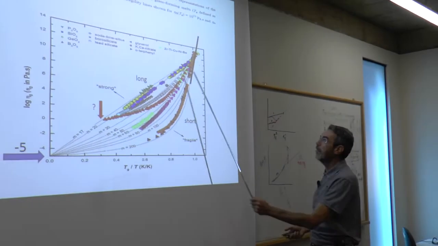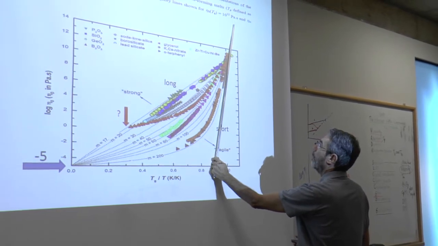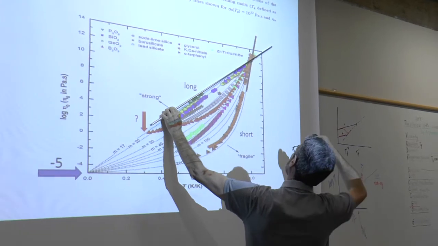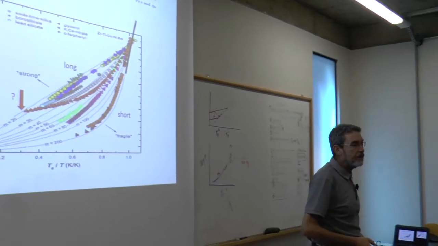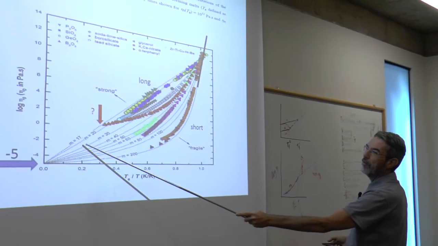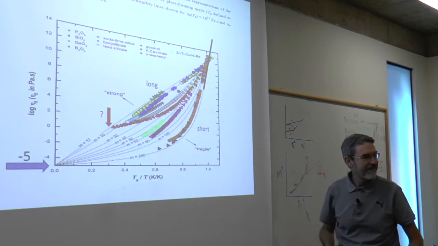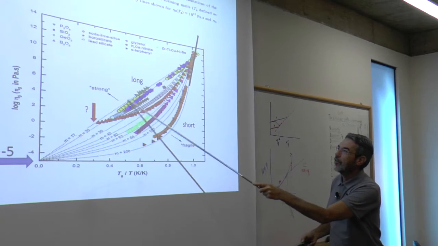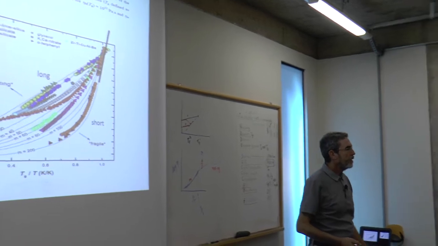So some glasses are very fragile. M is very high. Other glasses are strong. The slope is smaller. The fragility for different glasses, you can see here, varies from about 17 to 200. These are very fragile glasses. These are strong glasses. Pure silica, pure GeO2.